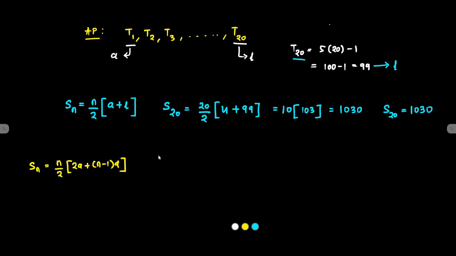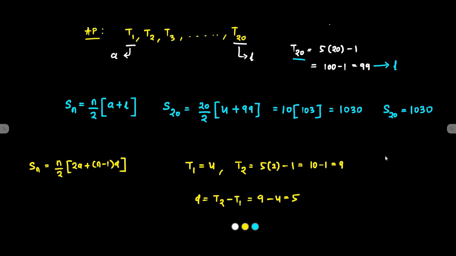So in this way we have the first term t1, which is equal to 4. We'll find out the second term, which is equal to 5 into 2 minus 1, which is equal to 10 minus 1, which is equal to 9. We'll find out the common difference, which is equal to t2 minus t1, which is equal to 9 minus 4, which is equal to 5.